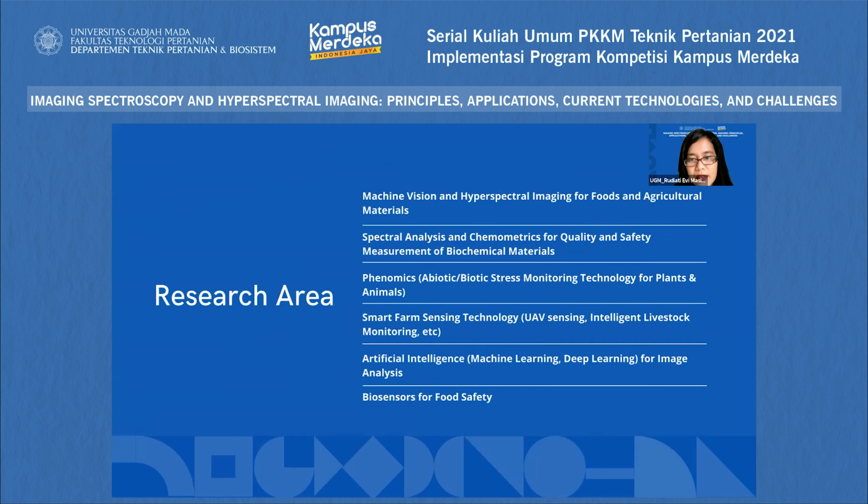His research interests include machine vision and hyperspectral imaging for foods and agriculture materials, spectral analysis and chemometrics for quality and safety measurement of biochemical materials, phenomics, abiotic and biotic stress monitoring technology for plants and animals, smart farm sensing technology, artificial intelligence, machine learning, deep learning for image analysis, and also biosensors for food safety.